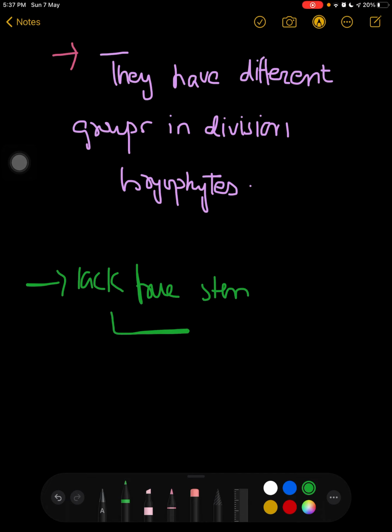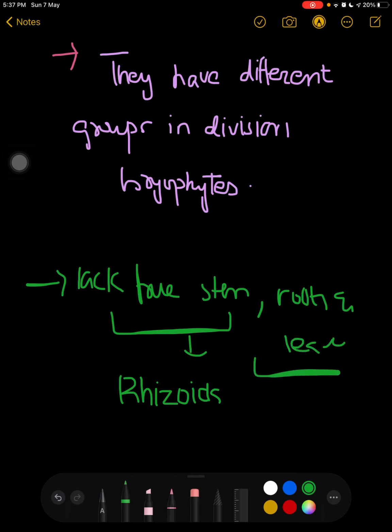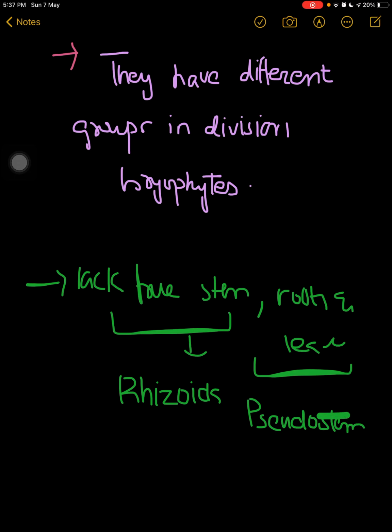Their stem is known as rhizoids. They lack a true stem, true roots and leaves. These are basically known as pseudostem, right?